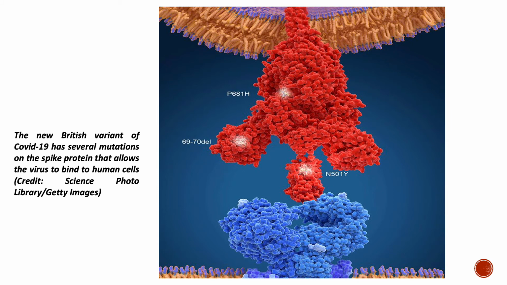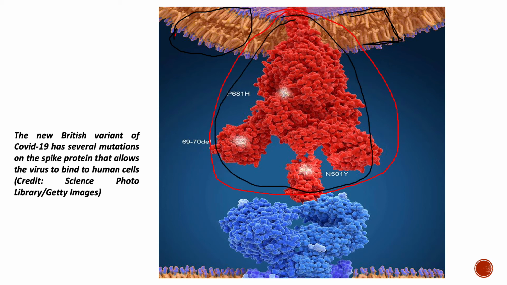What you see here in red color is the spike protein of the coronavirus COVID-19. This is the viral envelope, the coronavirus COVID-19 viral envelope, and this in red color is the spike protein.